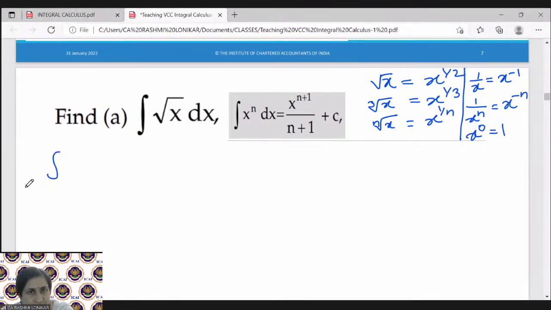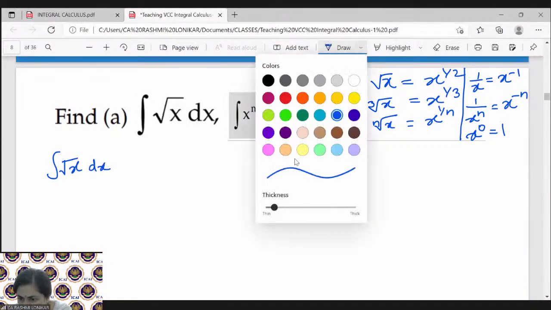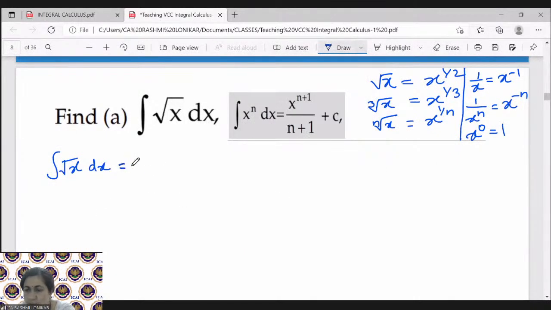Integral is written as an elongated S: integral of square root of x dx. Just let me thicken this. So this is equal to, instead of root x, I'm going to write x raised to half.